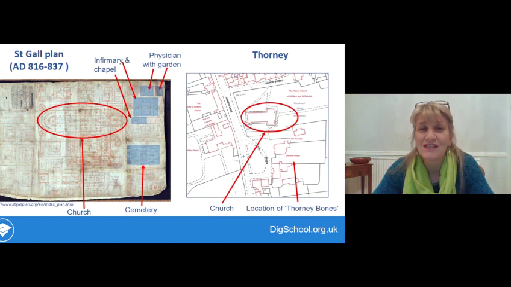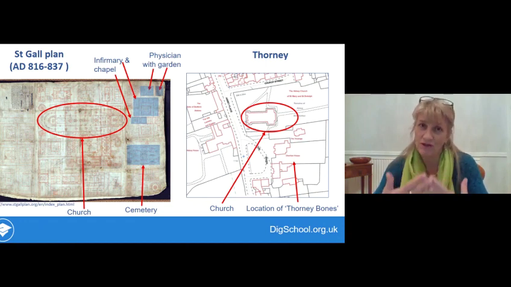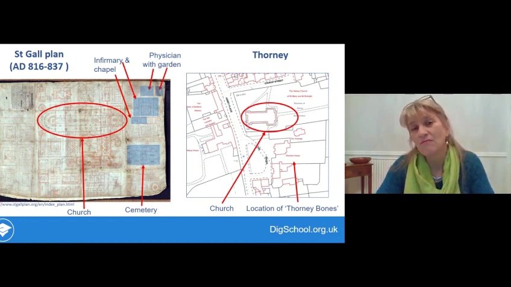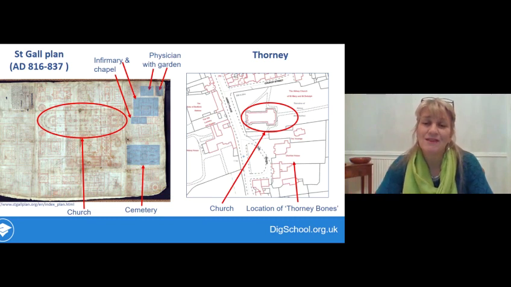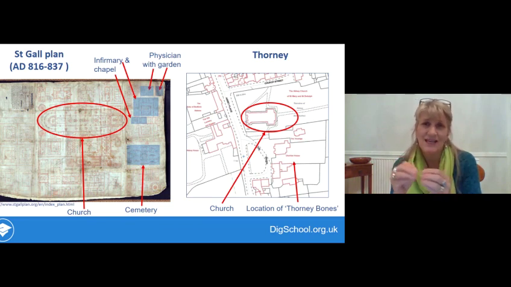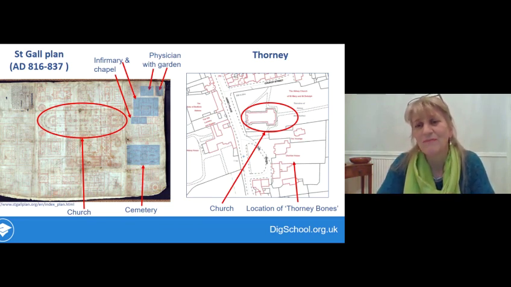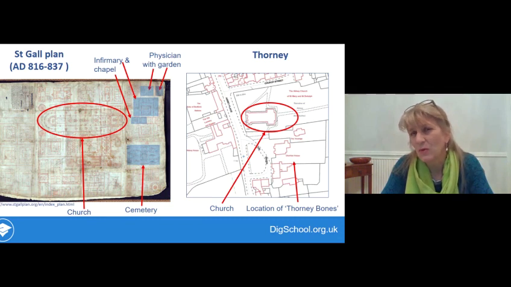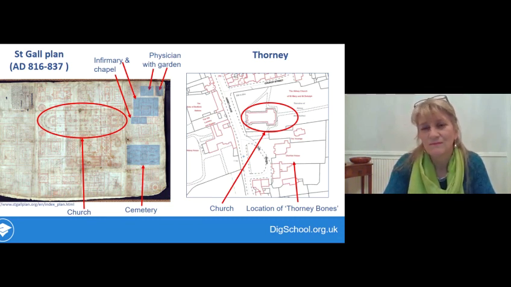Interestingly, when we look at the St Gall plan, we can also see it's got an infirmary and chapel and a physician's house with a garden where the physician would have grown the herbs and other medications that they would have used. So we can see from that that Thorney Bones site very much sits close to the monastic church. The church that's there today is the same one that was there for the monastery. And it does look like it might have been quite close to the cemetery.